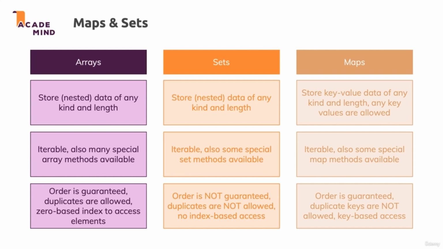Sets and maps have their niche cases where they can shine: for a unique value, which has to be unique in the case of sets, for large quantities of fast changing data in the case of maps, or if you have some use case where you have some data, let's say an object, where you kind of want to attach extra data which you don't want to merge into the object, as we did in this example I showed you in this module, then you could also think about using a map to use the object as a key and add the extra data as part of the map instead of as part of the object.